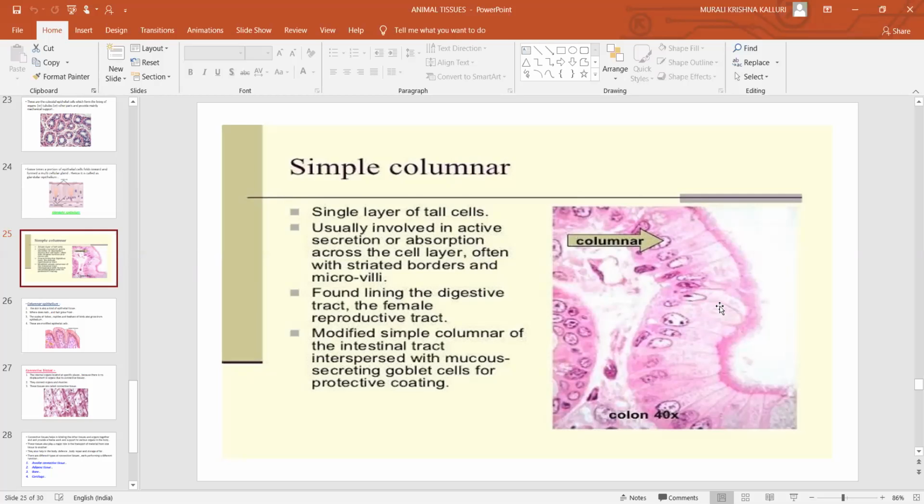It is present with microvilli. The microvilli are present in the small intestine. The microvilli absorb the food material and transport it to all parts of the animal body.